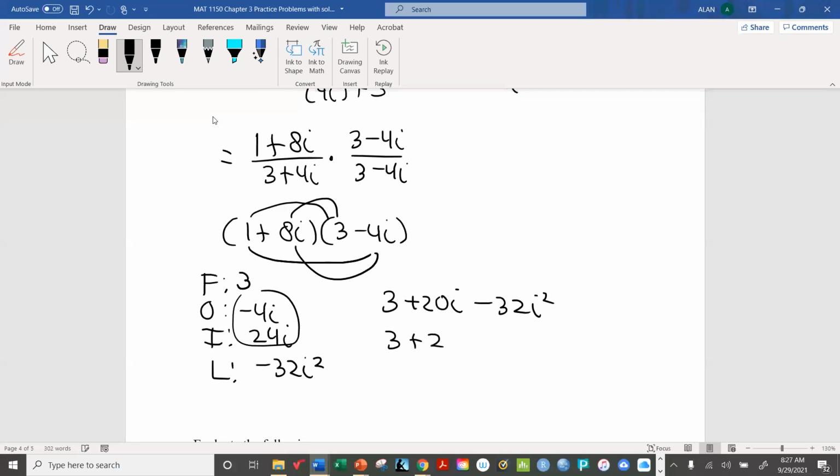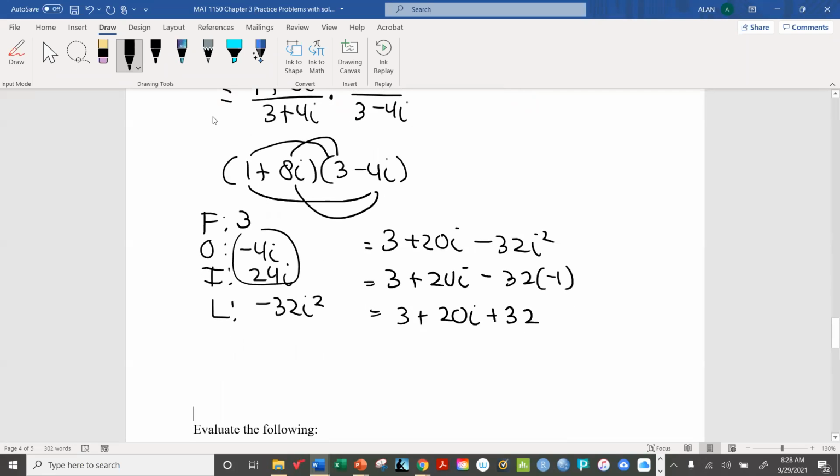And of course, the i squared reduces to -1. And as always, we have to be so careful about sign errors. It's just so easy to make a sign error. All right, so that's our numerator.